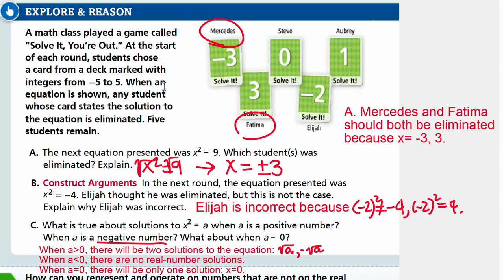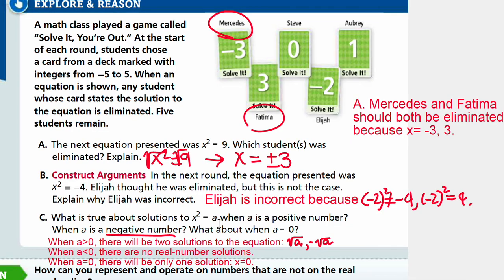Okay, so this is a good concept to think about. What if we determine a certain letter or a certain number to be a solution for when a is a negative number? So that's what we're gonna think about.